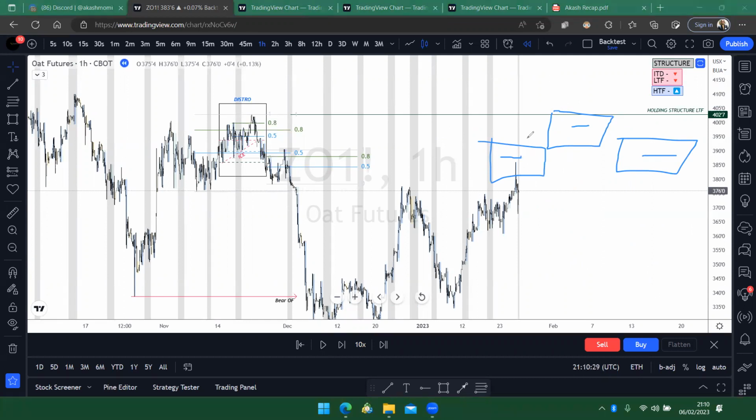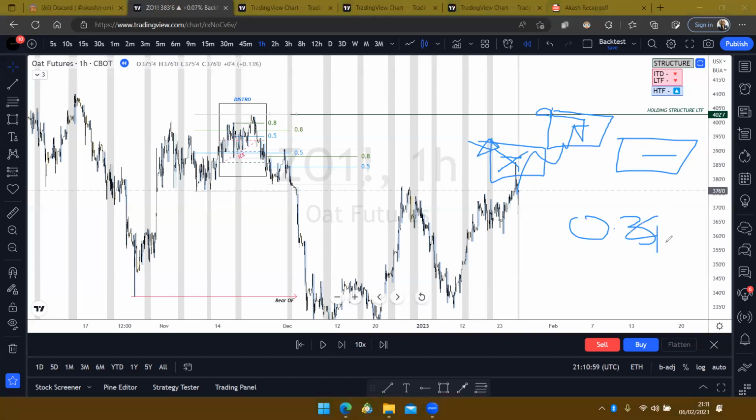So what that means is, the best case scenario for me is I don't get anything here, my limit gets activated, but then I can work my way into a distro in here with an extra 0.15. So my total risk is 0.25 plus 0.15, which is 0.40 on here.